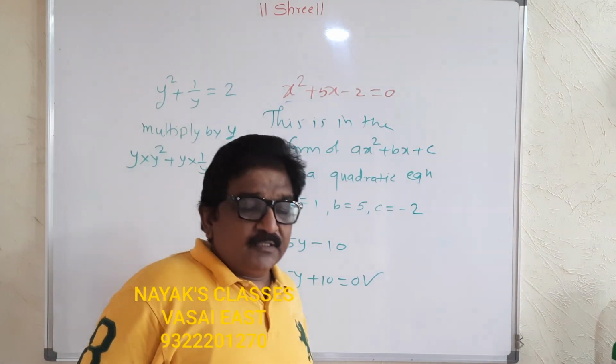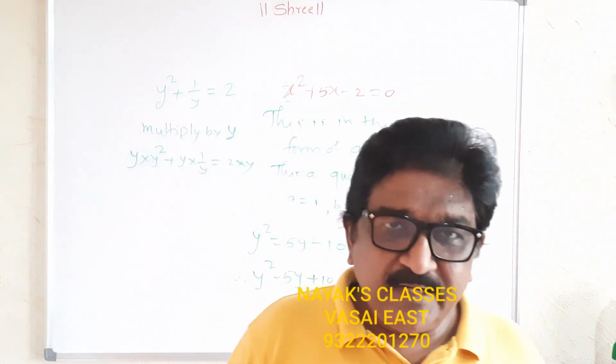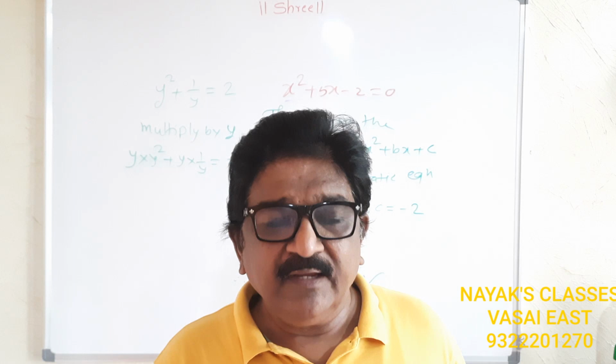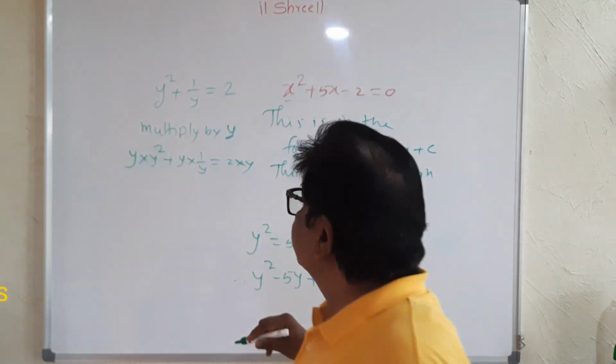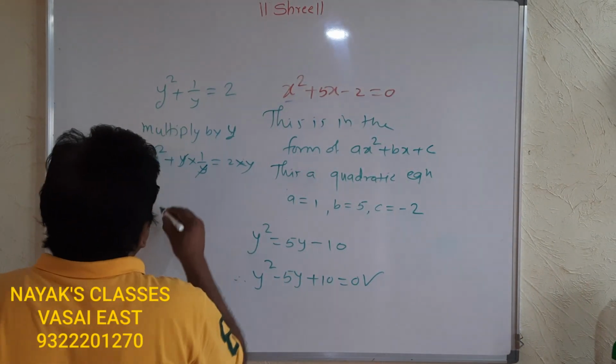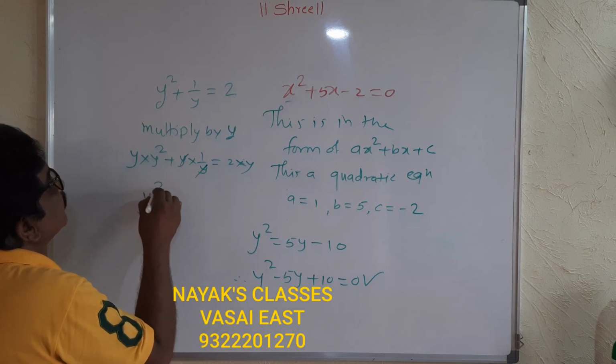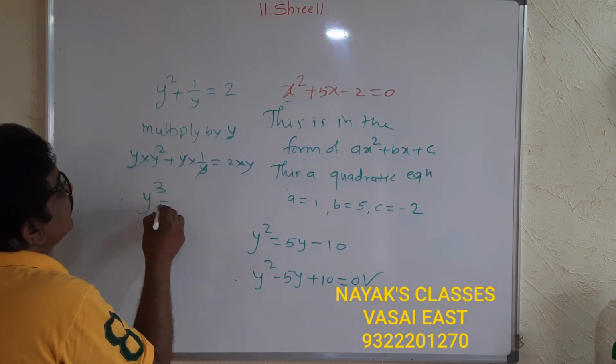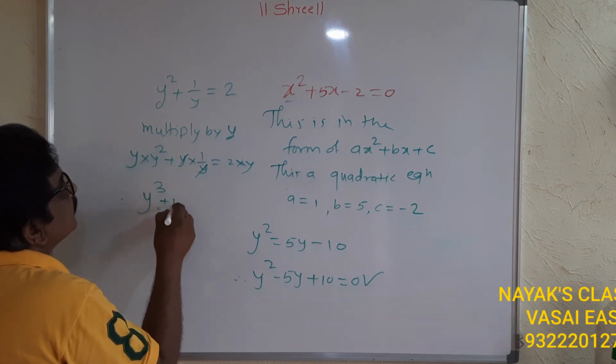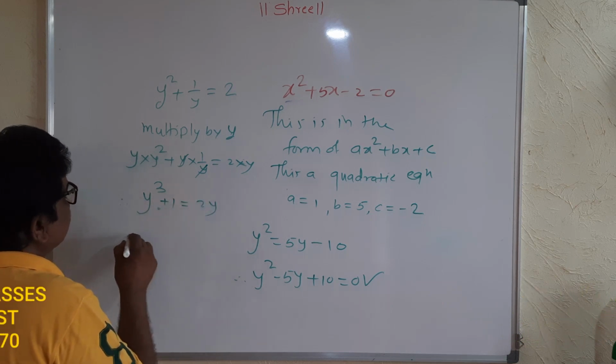To remove the variable in the denominator, we have multiplied the equation by y. These two cancel, it will be y cube plus 1 is equal to 2y.